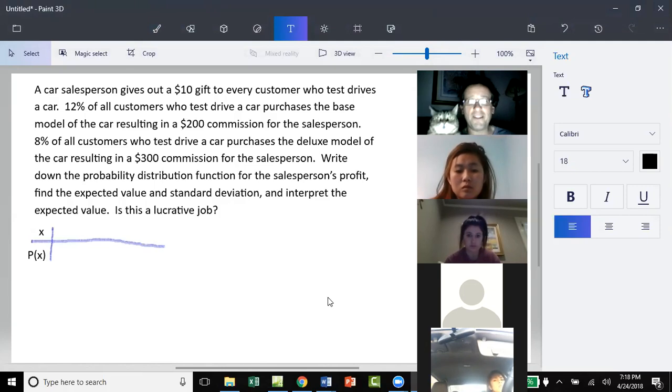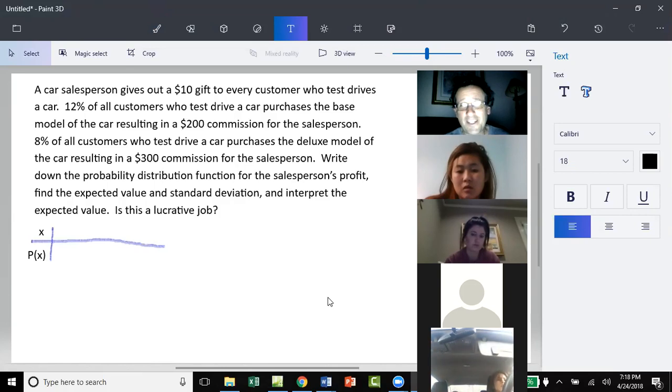So what's the profit that could happen? $200. Okay, close. But remember that the car salesperson gets $200, right? Did he or she have to pay anything?